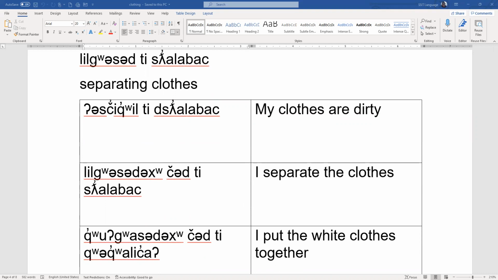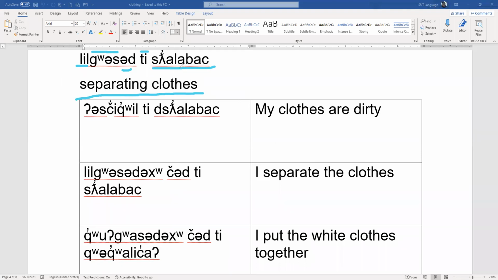All right, let's go. No, that's not it. Lil guasa T salabat. Separate the clothes. Lil guasa T salabat.